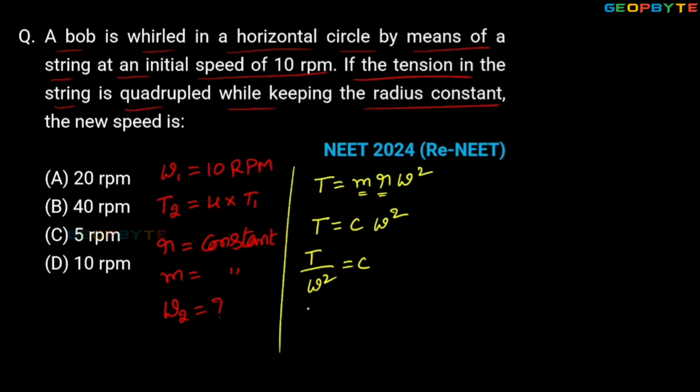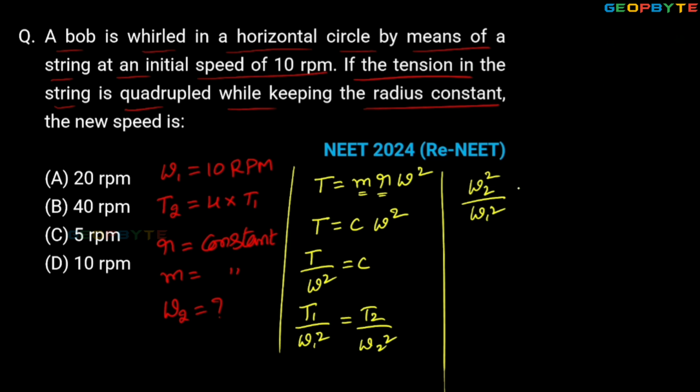That means I can write T1 by omega 1 square equal to T2 by omega 2 square. From this, omega 2 square by omega 1 square is equal to T2 by T1. But what is the T2 value? T2 equal to 4 times T1, divided by T1, it is equal to 4.